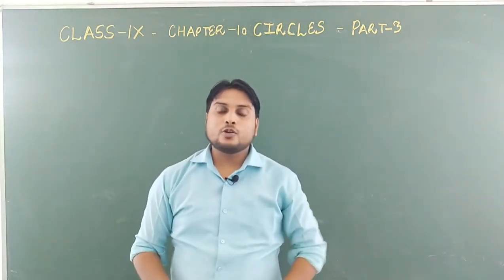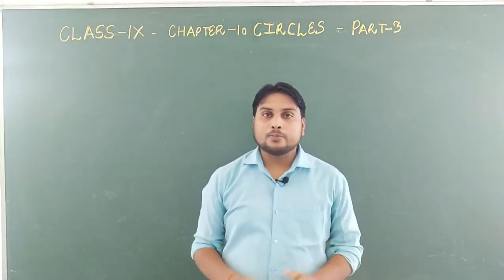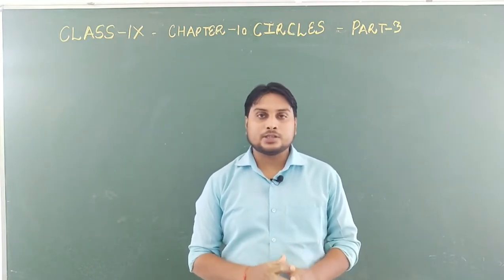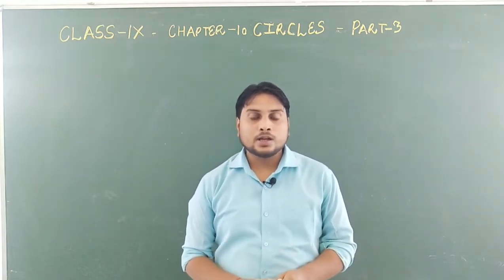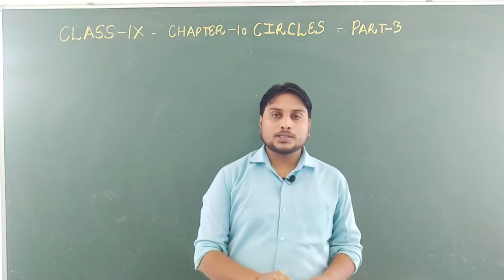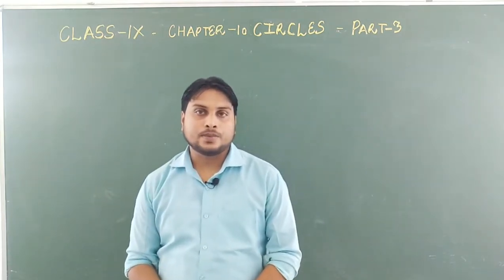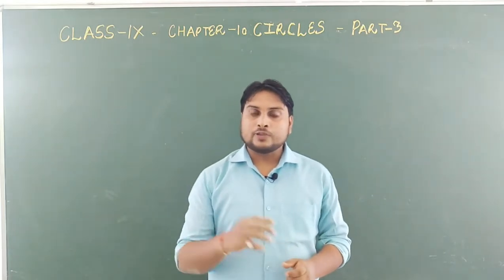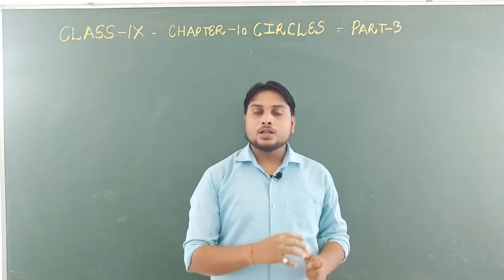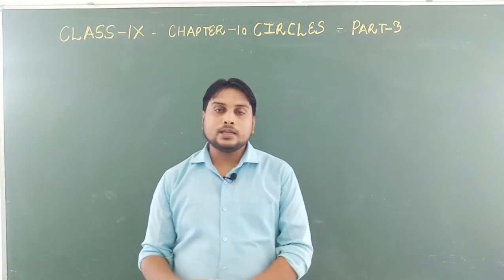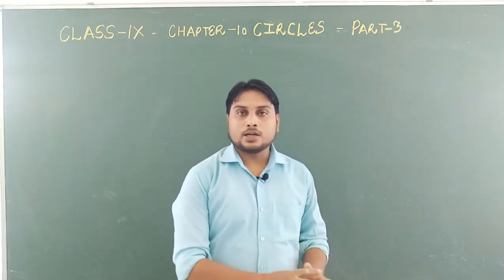Students, one thing I want to make clear, that both the theorems that we have studied, the first one, equal chords subtend equal angles at the center, and the second theorem, if the angles subtended by the chords at the center are equal, then the chords are equal.